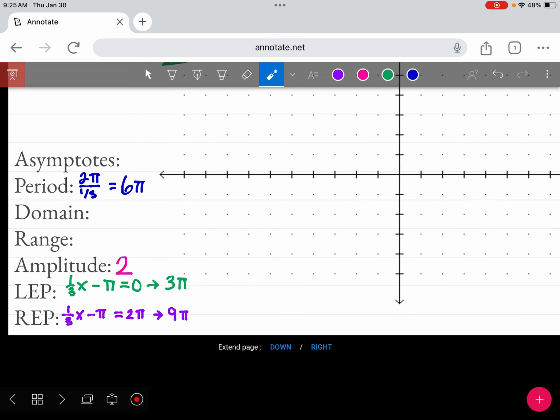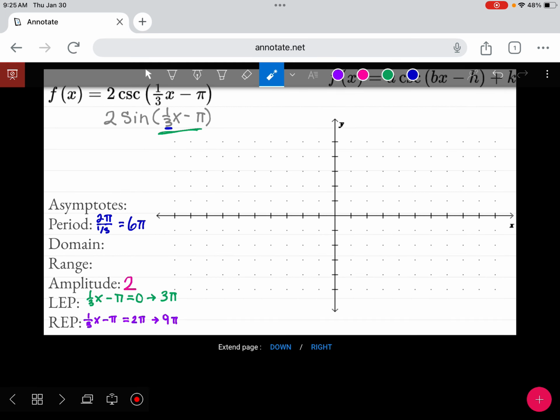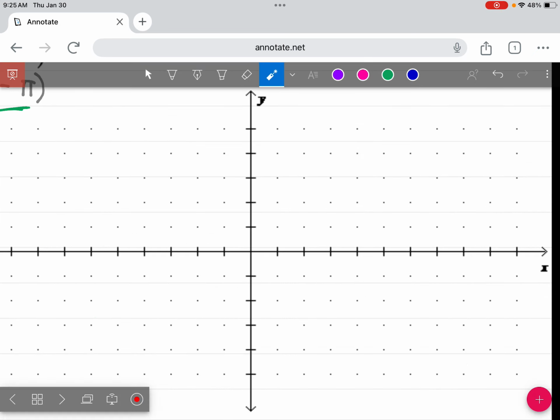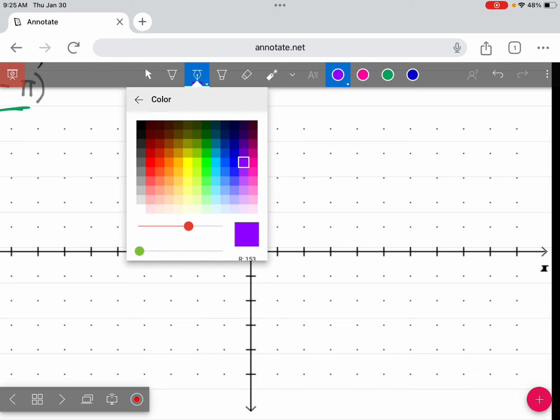So I need to make sure we can get 3 pi and 9 pi on my graph. That's how I decide what I'm numbering by. I need to get from here to here, and we need to make sure we include at least 2 full periods. So I'm going to count by ones, just because I need to get all the way up to 9 on these axes.